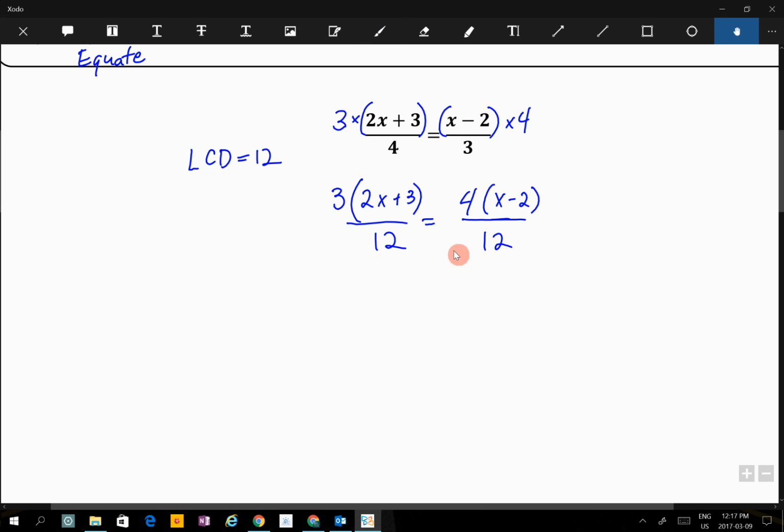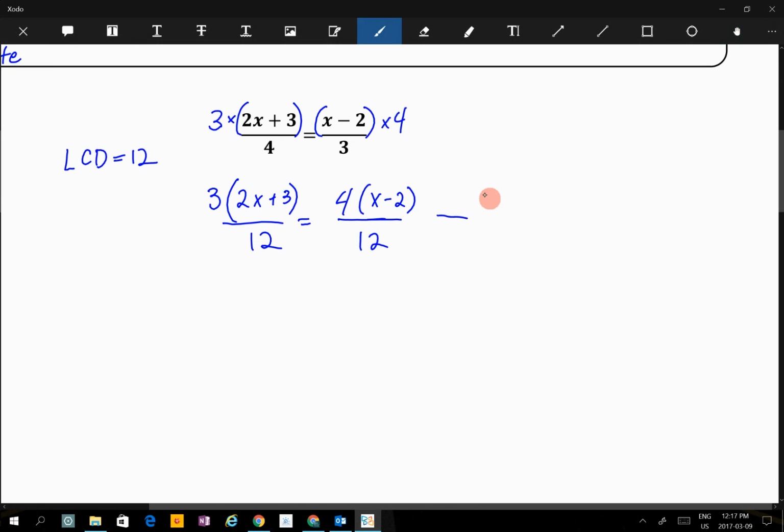So what happens now? Well, it looks like I've gone from simpler to more complicated. But in reality, if you're dividing both by the same number, then the numerators are going to be the same. Okay, so since the denominators are the same, they are cancelled.